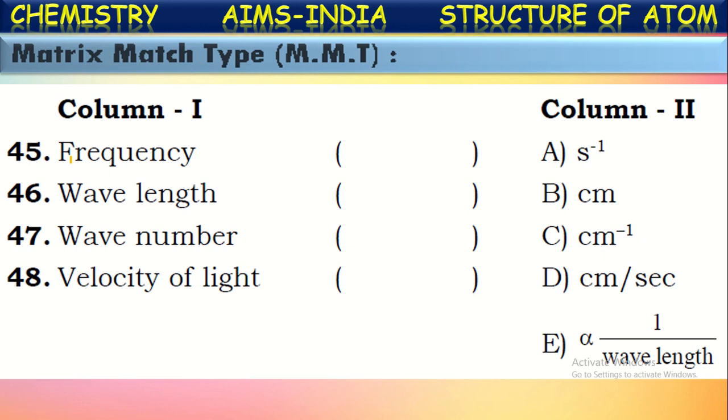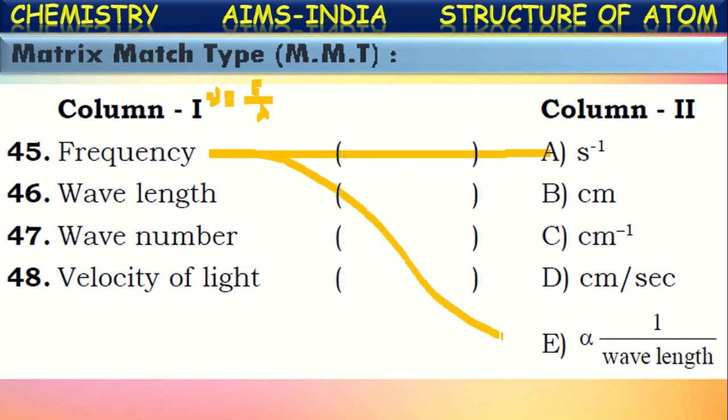So the units of frequency will be per second or cycles per second or hertz. Where is it? Frequency units are second inverse. And of course we know frequency is inversely proportional to wavelength also, because we know the relation between frequency and wavelength as nu is equal to c by lambda. This is a relation, isn't it? So if you observe here, frequency is inversely proportional to wavelength. So this is related to this also.